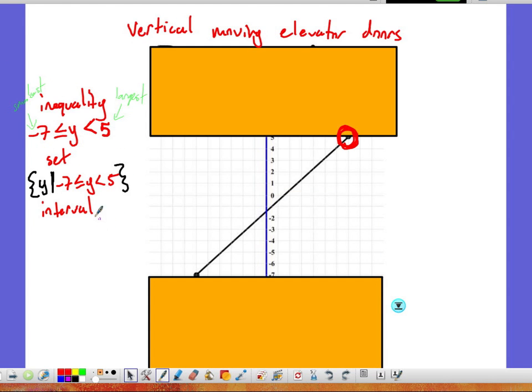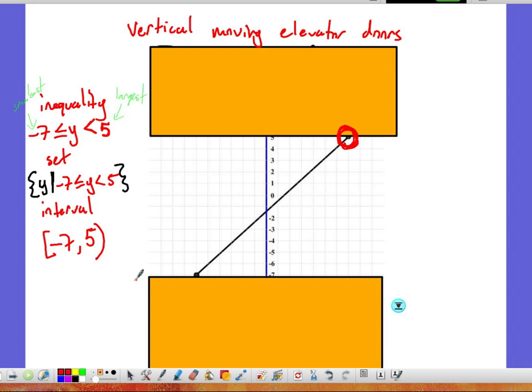Interval notation for the range, again, I'm going to take my smallest value, comma, largest value. And because I have less than or equal to and a closed circle by the -7, that's going to be a square bracket. And because I had an open circle and a less than on my 5, I'm going to use parentheses.